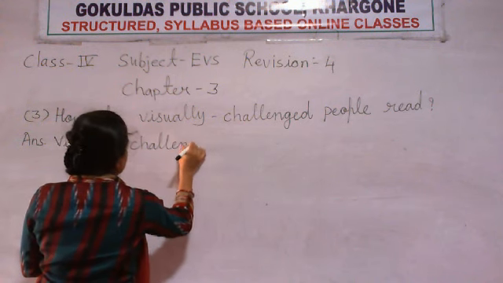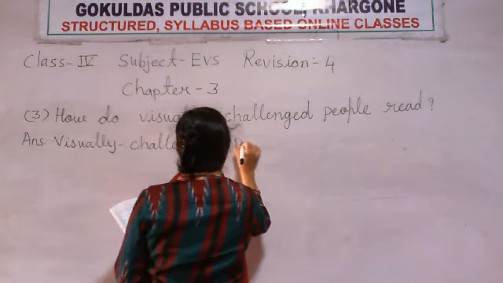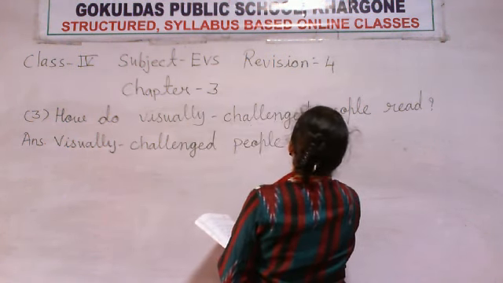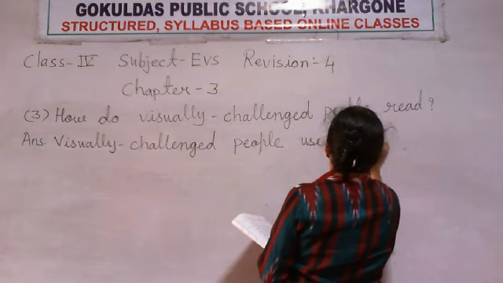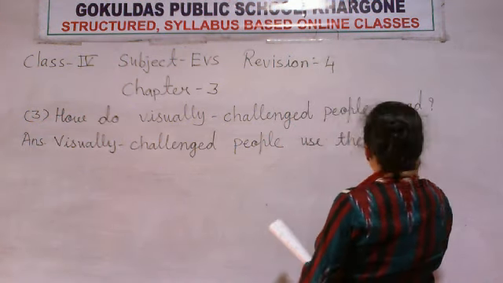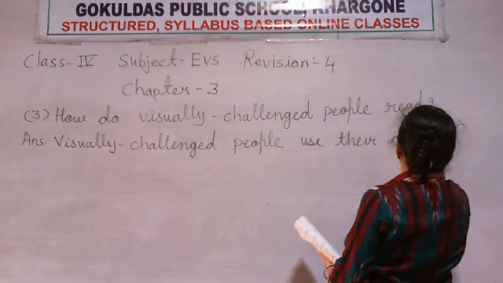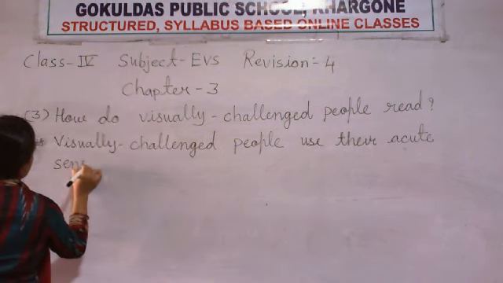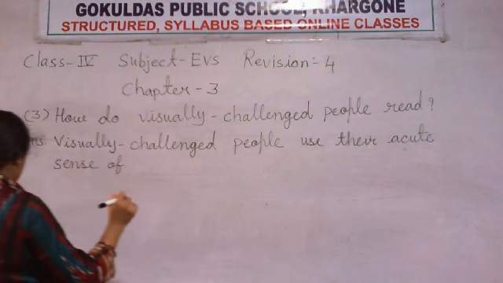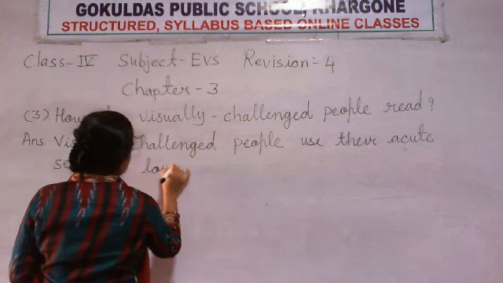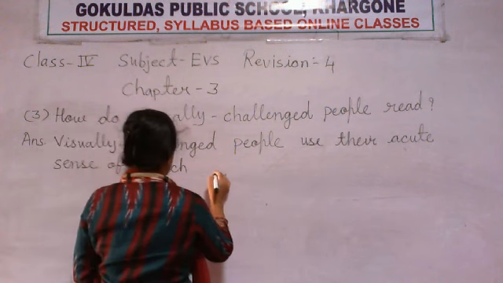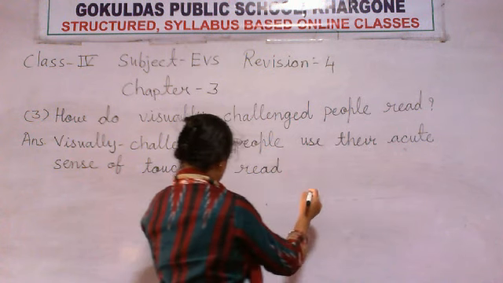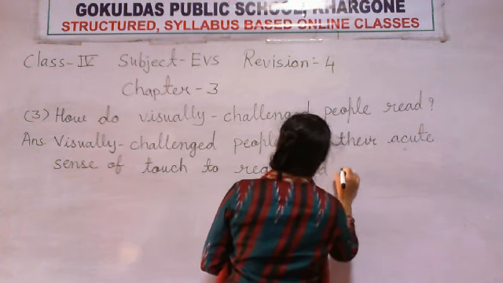Visually challenged people use the practice of touch to read and write.